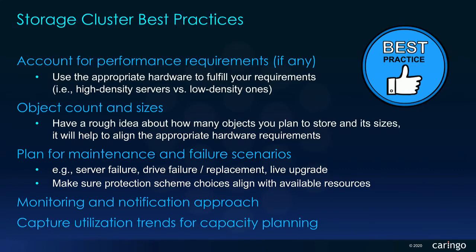Maybe my cluster is at 20% usage on the storage capacity level, but it's at 80% or 90% of the performance that it can deliver. So when we talk about capacity planning, it's not only storage per se, it's also performance, just to make sure that everything aligns correctly.